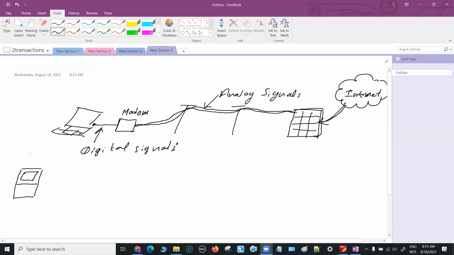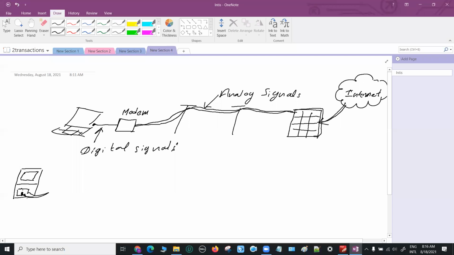RJ45. Yes, RJ45 we use with modern internet connections, but in earlier days we had to use our direct telephone lines. Along with the RJ45 connection, we had another connection, RJ11, for the telephone connection. We can connect to this port, which is the direct telephone line.